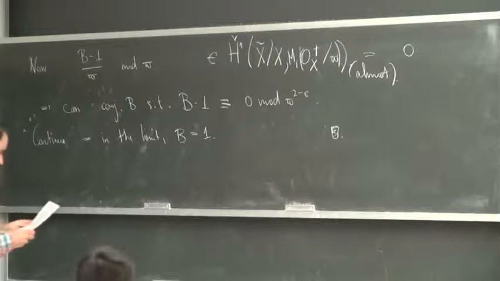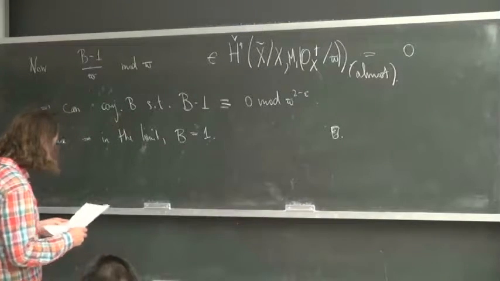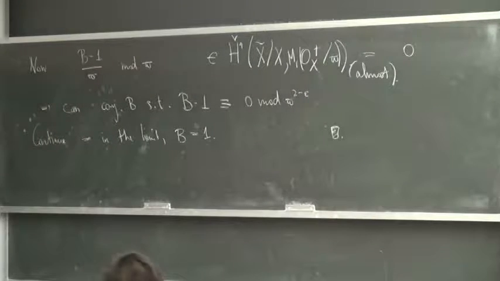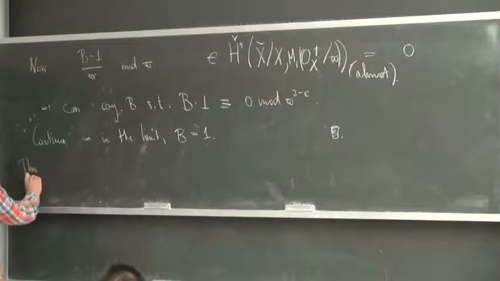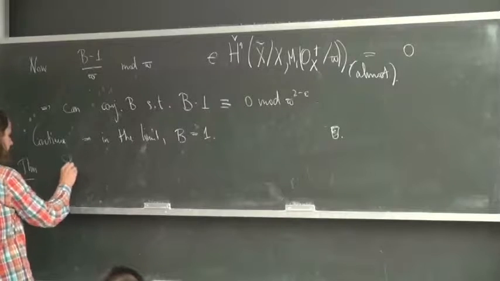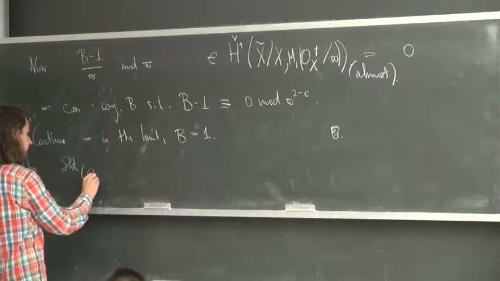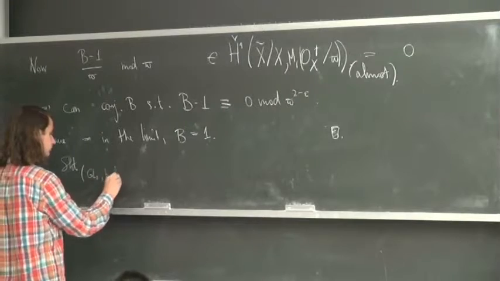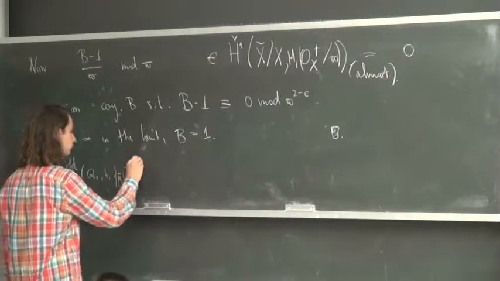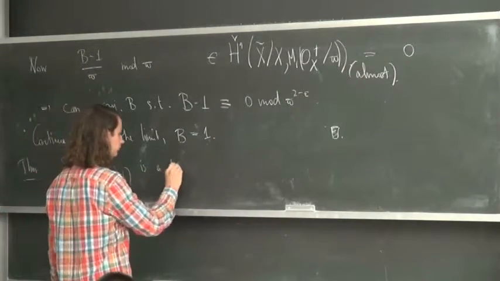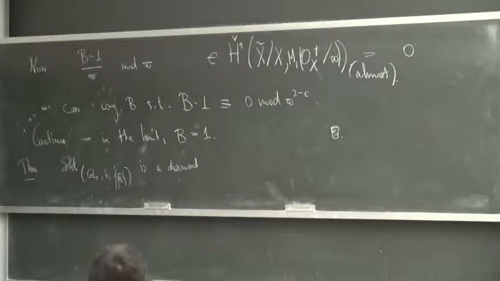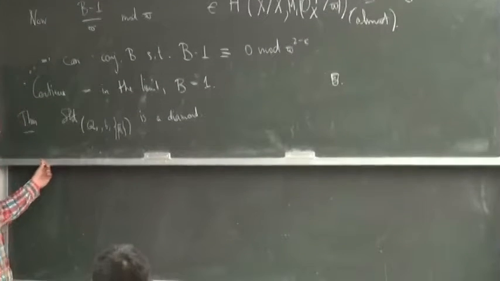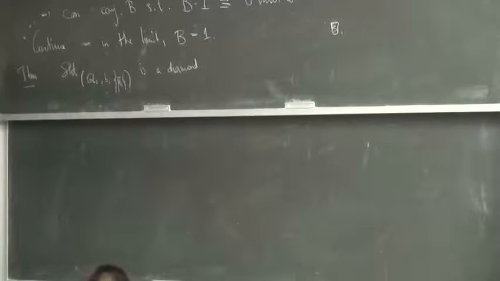All right, and so the theorem I want to prove in this and the next lecture is that the space of shtukas is actually a diamond. And that's probably the main theorem of this course.